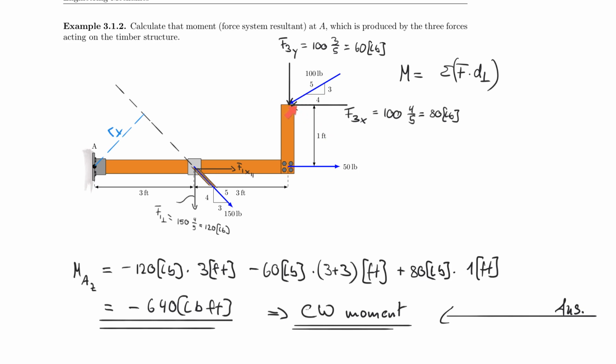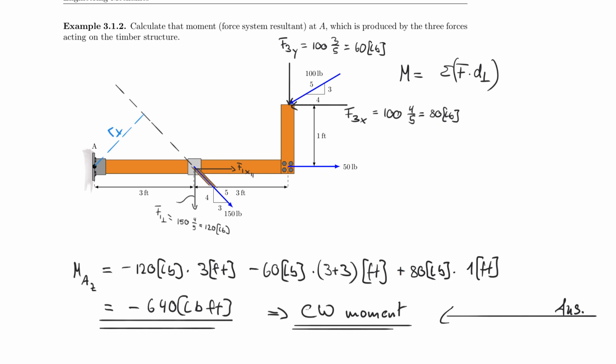But this can be deceiving, because if this thing was built upside down, so let's say you have this force F3 acting down here with, let's say, 80 pounds. So if you have 80 pounds pushing to the left down here, then it would actually rotate clockwise, right? And therefore it then would become negative. Whereas if it's acting up here, it rotates counterclockwise, which is why it's positive here.